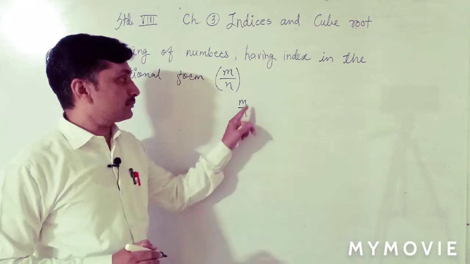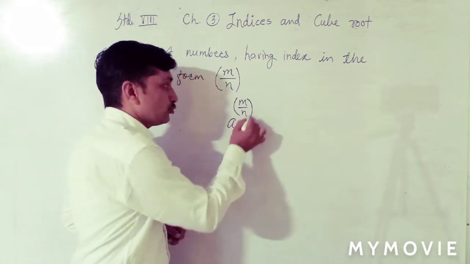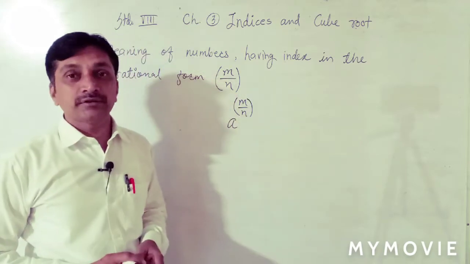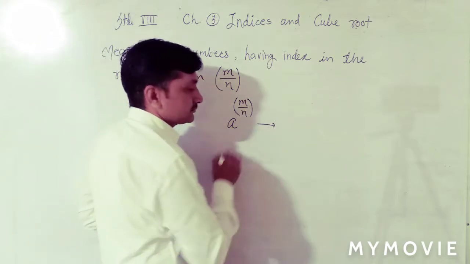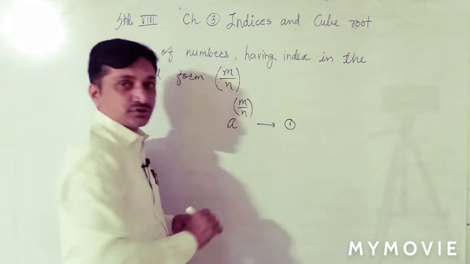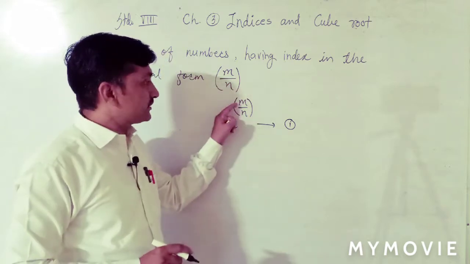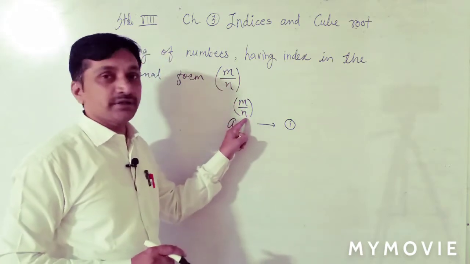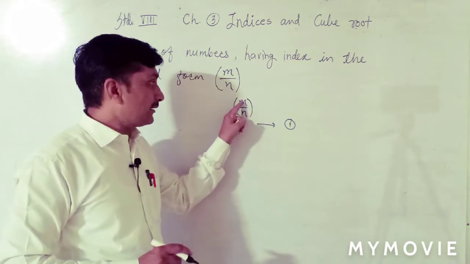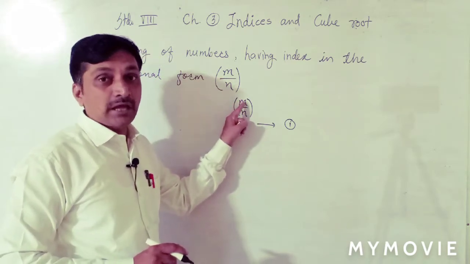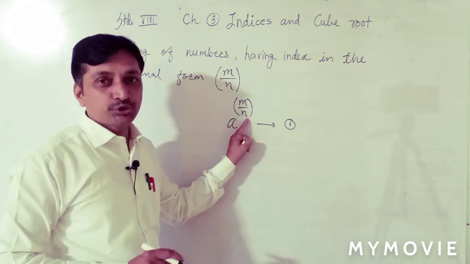We can read this in two ways. First, what is the power here? In this fraction, m is the numerator, m is the power and n is the root.